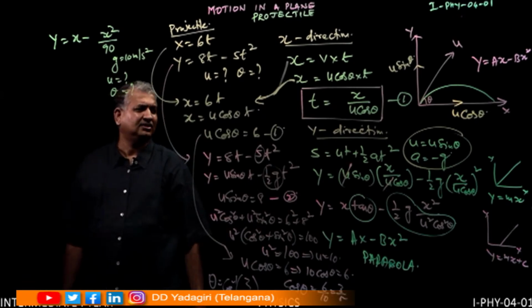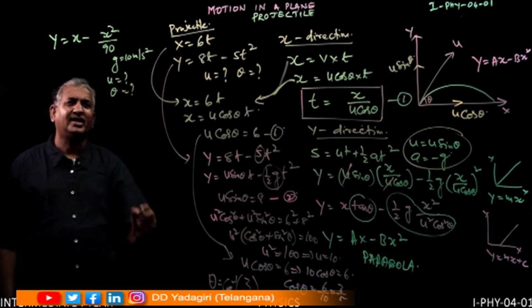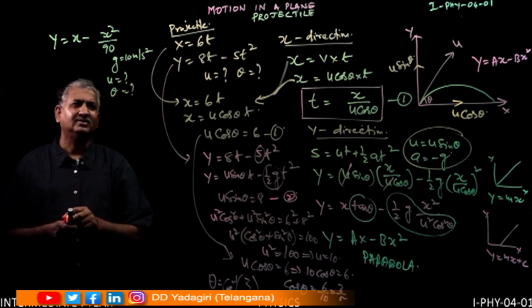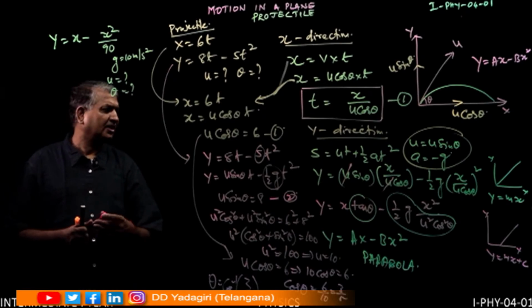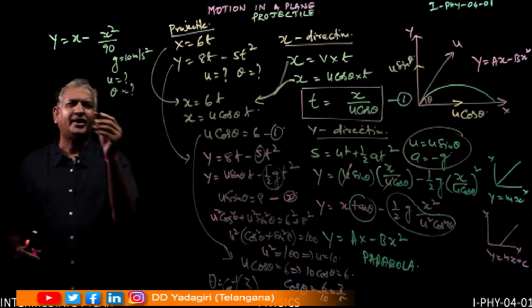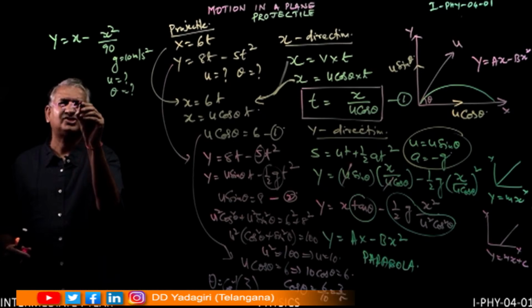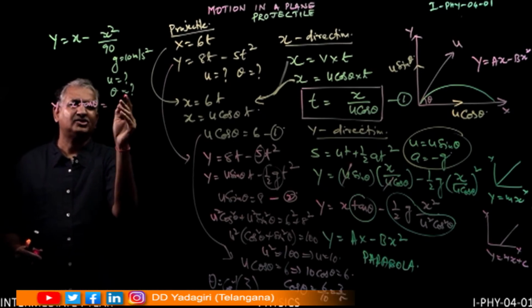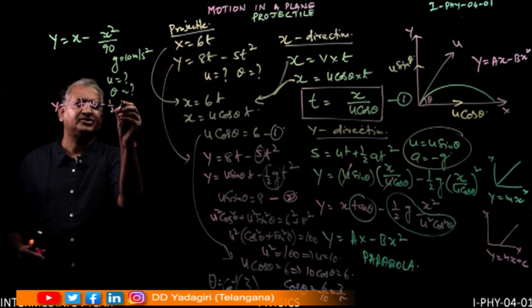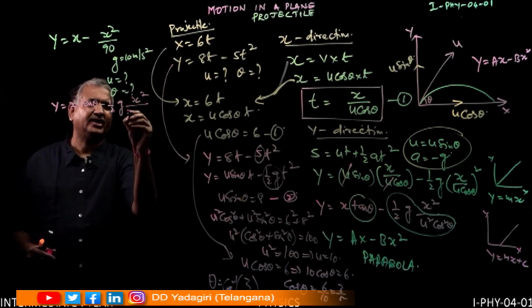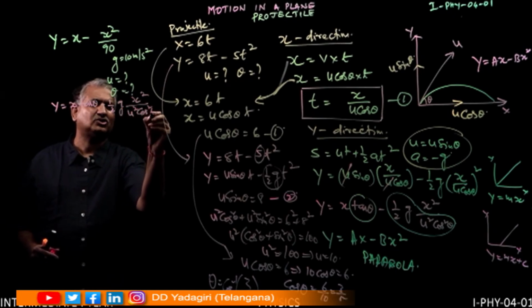Here the final equation is like this. If you see here, the equation is y is equal to x tan theta minus half g x square by u square cos square theta.